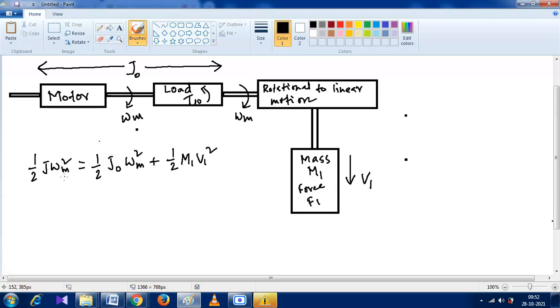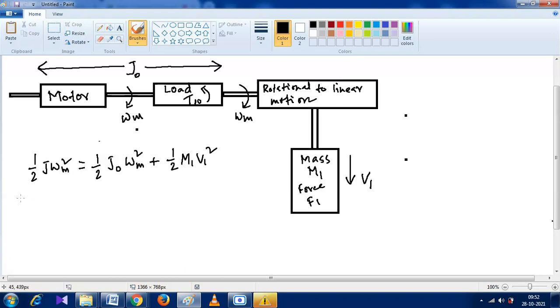This is equal to the kinetic energy of the first system, half J0 omega square, plus the kinetic energy of the linear or translation motion system, half m1 v1 square.